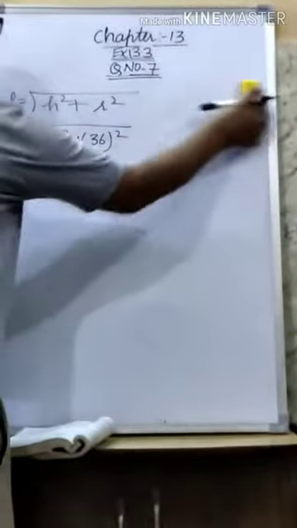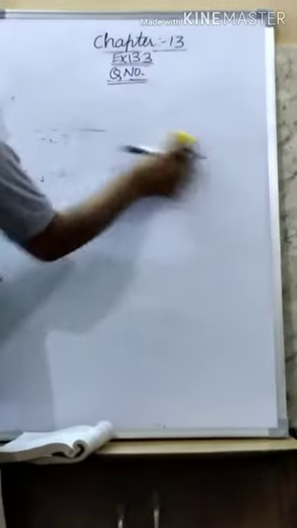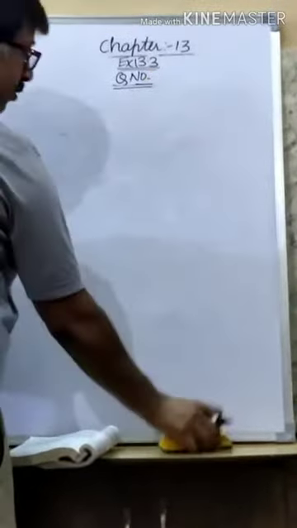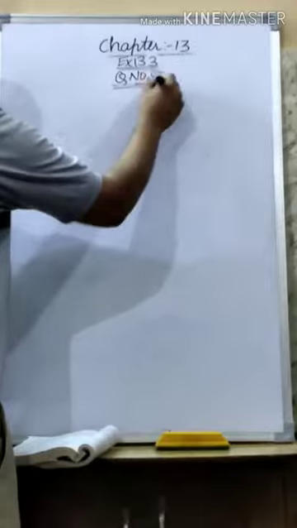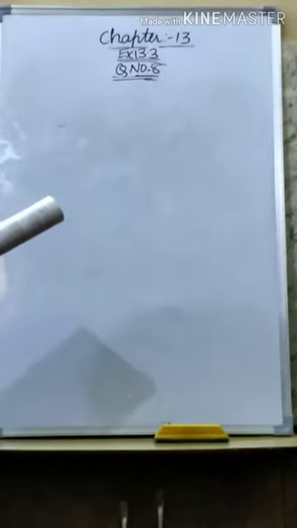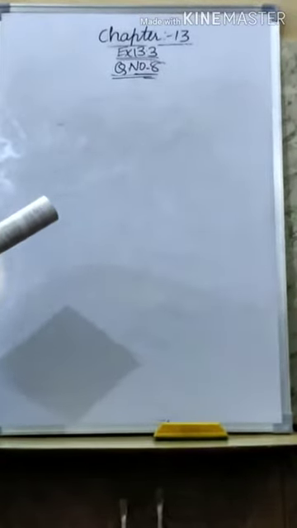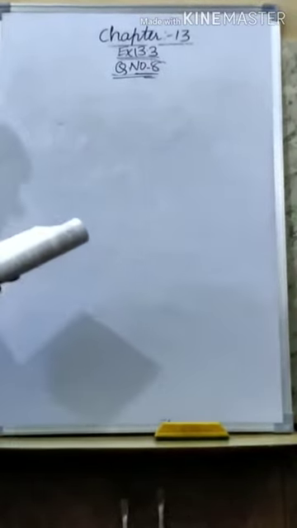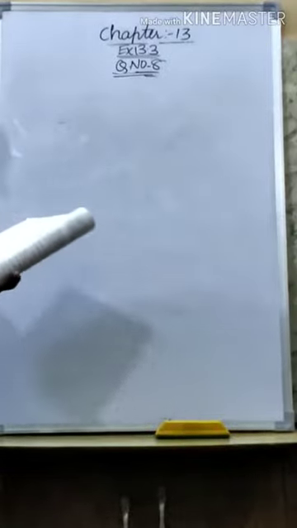Question number 8 you also read. What is question number 8? You see, water in a canal 6 meter wide and 1.5 meter deep is flowing with a speed of 10 km per hour.